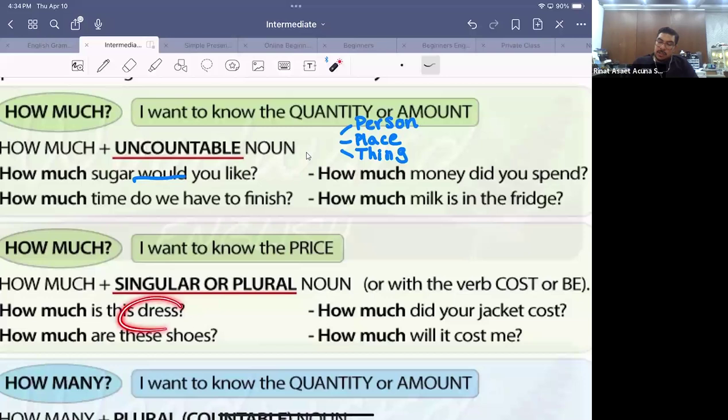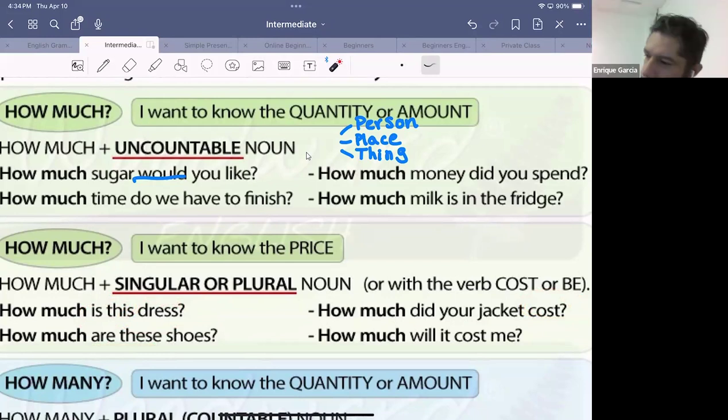You have to use the singular form here, the plural form here, and here you have to use cost. So write three questions, and then we're going to check them. Okay. Please.